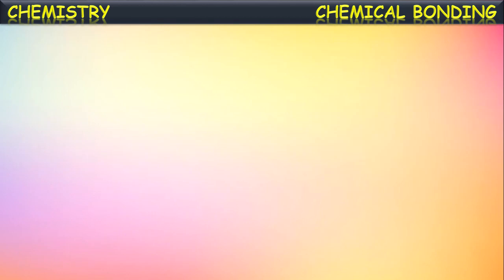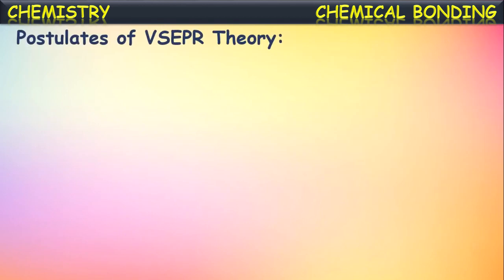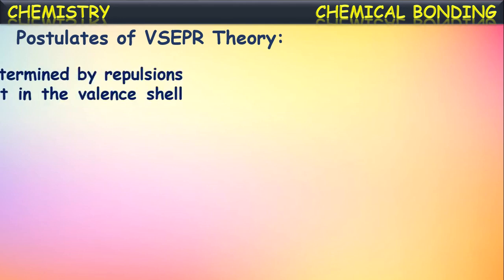Now let us see how they improved it. Let us see the postulates of this valence shell electron pair repulsion theory, based on which we can predict the geometry of the molecule and even bond angles in the molecule. Let us see those postulates.